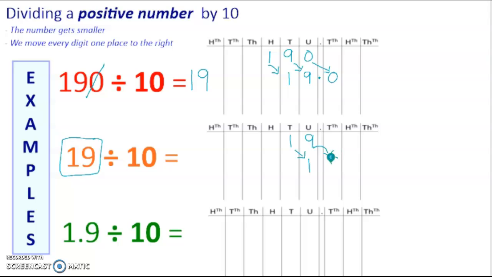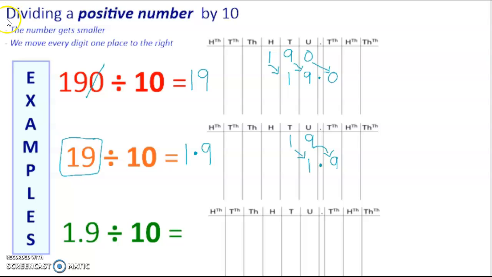The decimal point never moves. This time, my answer, 19 divided by 10, is 1.9. And this time, that decimal point is really important. So I can't use that handy trick of get rid of the 0, because for this question, there isn't a 0 to get rid of, but I can still divide by 10.